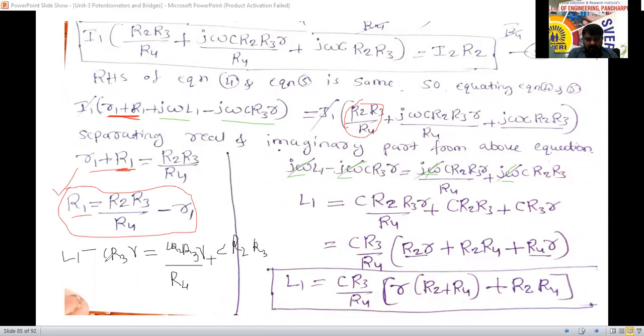Here minus C R3 R is there. When I send it to the RHS side, it will become plus. This minus C R3 R, I will send to the RHS side, it will become plus.